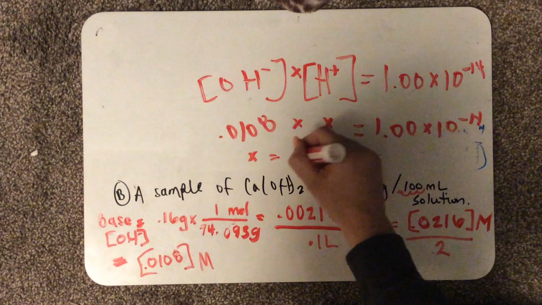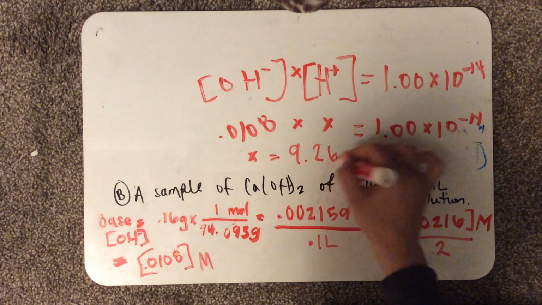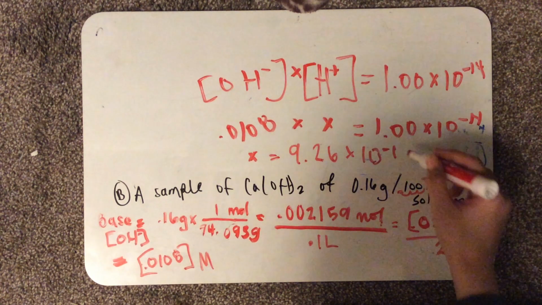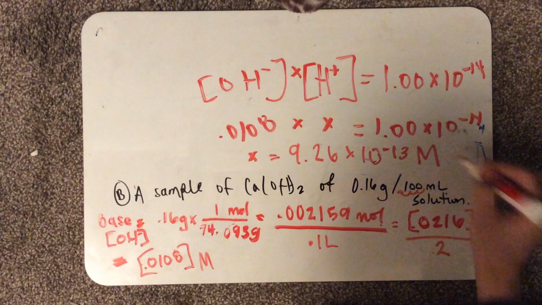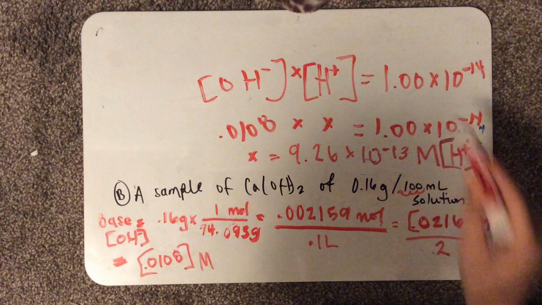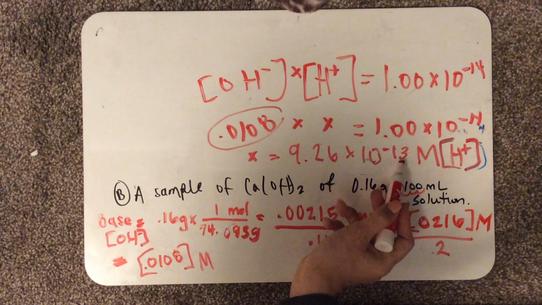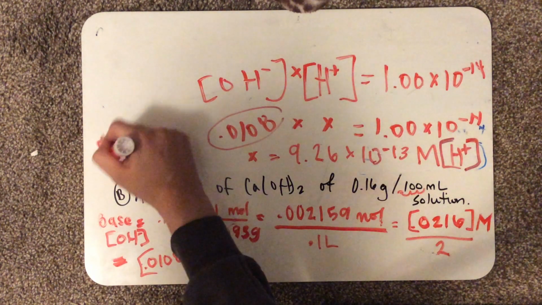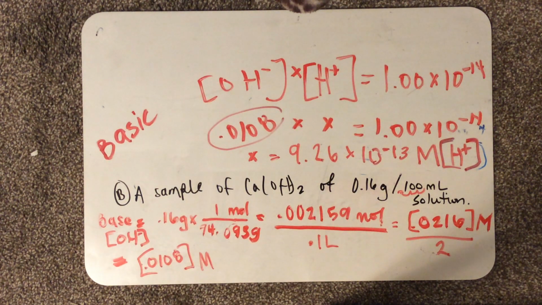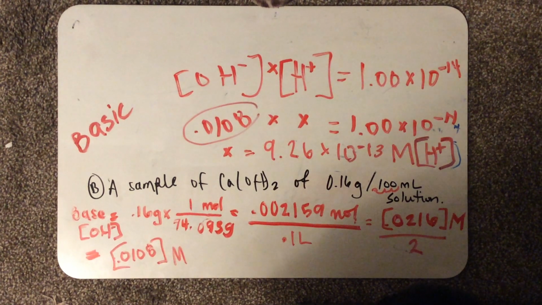So I get H as 9.26 times 10 to the negative 13th big M. And again, this is the concentration of H plus. So now when we compare the two, this is much larger than some number to the negative 13th, so this is a basic solution. Here, if you couldn't see what I was writing on the side there.